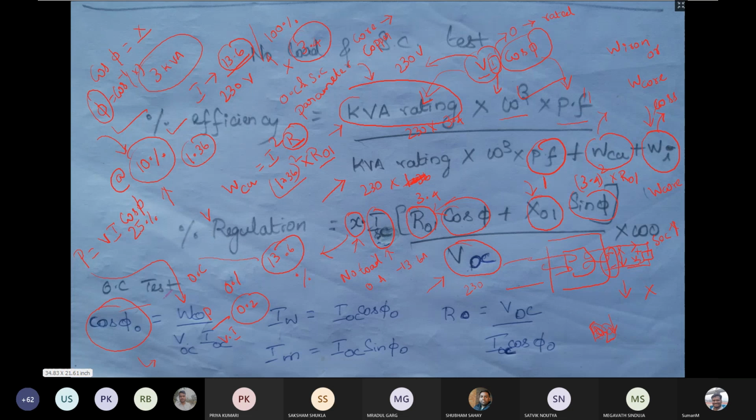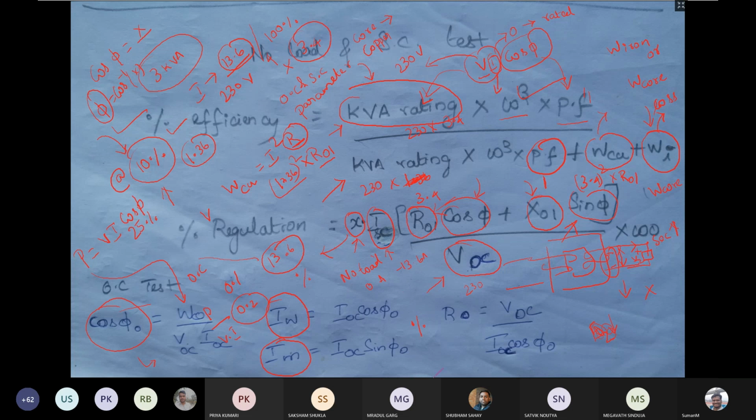After you find the sin phi, you can find two currents, that is the current which is in phase with the voltage, and the current which is 90 degrees with the voltage, that is the magnetization current. These things will be useful in finding this. Once you obtain cos phi and sin phi, you can substitute this in this equation, and you can obtain the percentage of voltage which is going to vary from no load to full load.